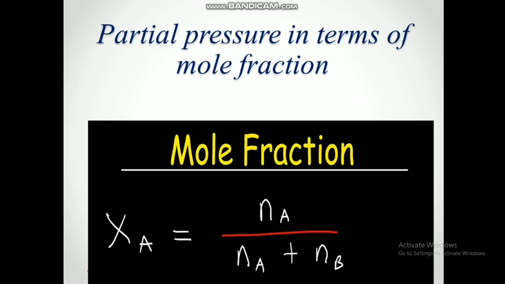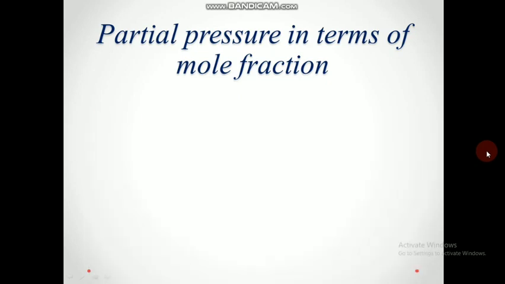Similarly, mole fraction does the same thing. The number of moles of component A divided by the total number will be the mole fraction of A. For B, it will be the number of particles of B divided by the total number. So this is what mole fraction represents, and we are applying this to partial pressures.